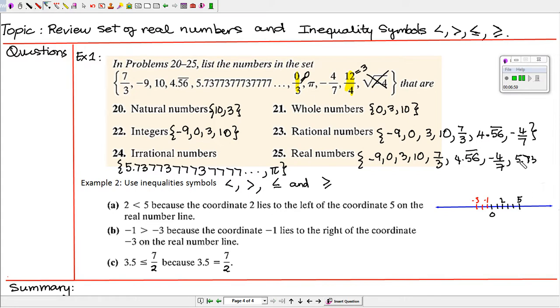Okay, I don't have enough space to write this, so I am going to write the pi first, and then come on to the next one. I'm going to write 5.773, 7773, 7777, et cetera.